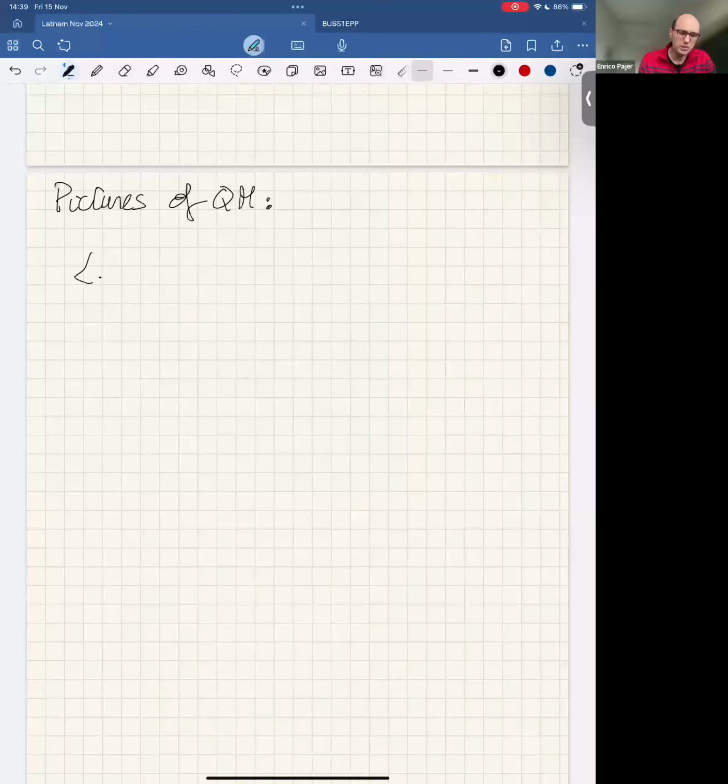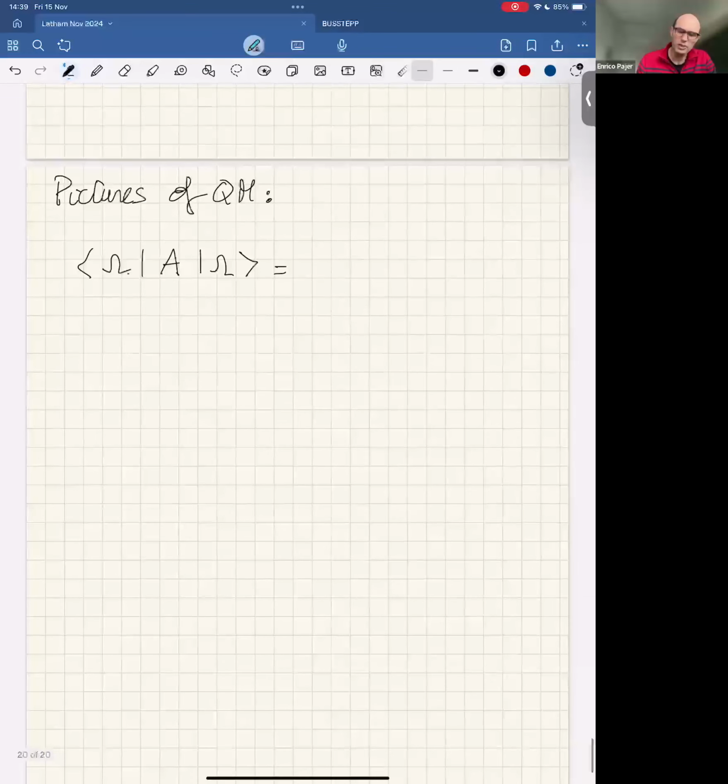So there is an object, which for simplicity we can call some operator A and some state omega. And that object has just some value, which does not depend on how you compute it. You may choose to compute it in many different ways. In the Heisenberg picture, you're saying that A changes in this way, and that omega doesn't change.